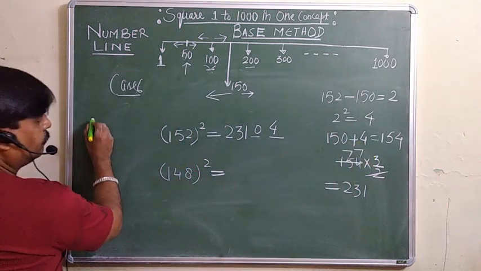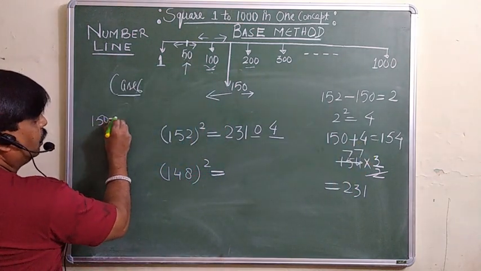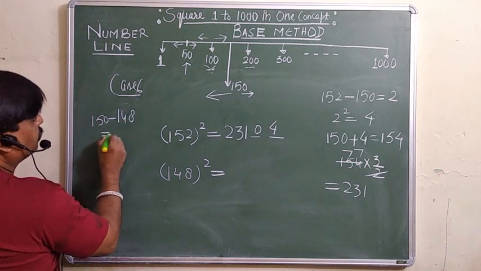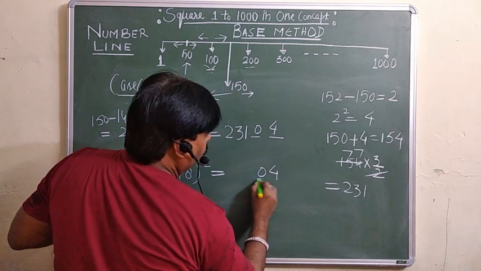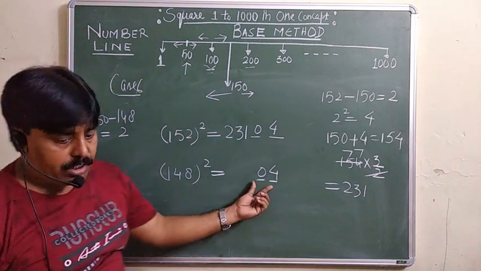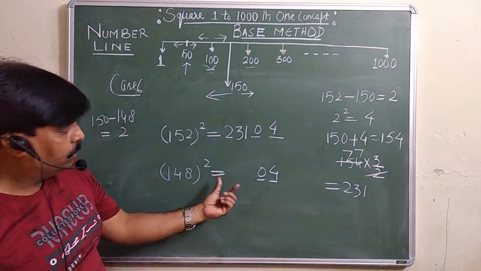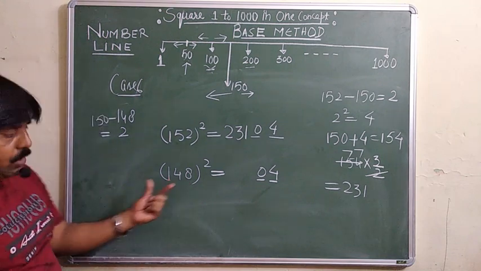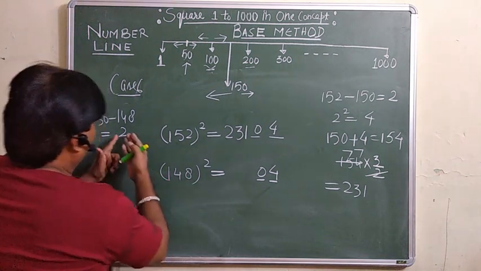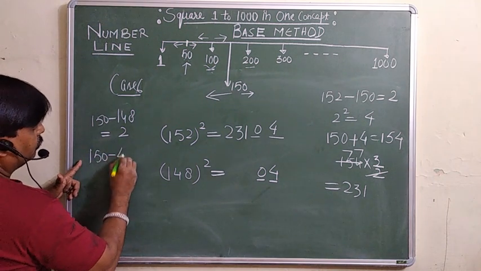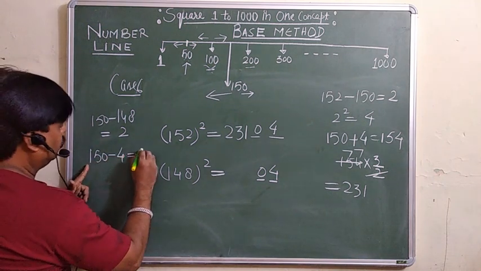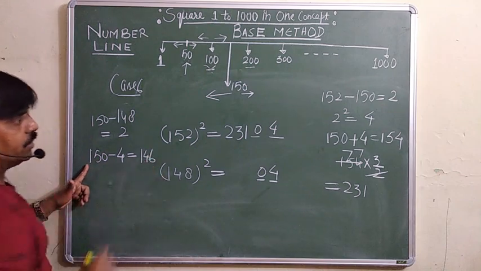So the difference here is 154 minus 148, that is 2. Do the square of this 2, 4, 04. You will write the last two digits, we will write this one only. See, now in case of this, double of this is 4. So 4 must be subtracted from 150, so 146.